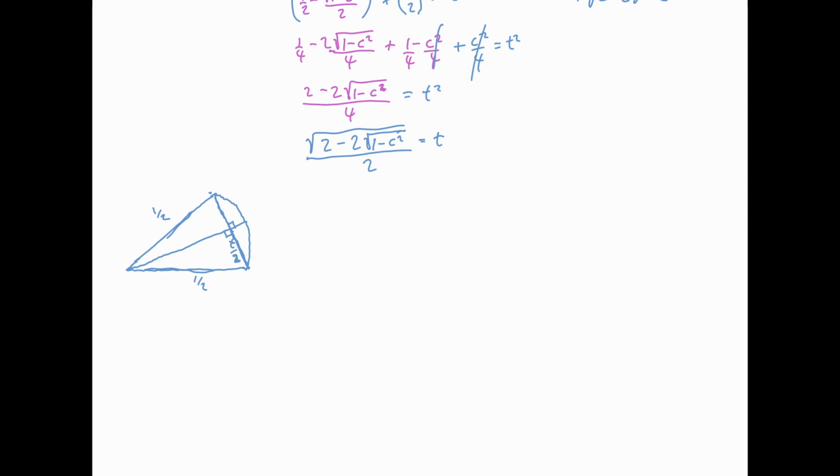And so similarly, to find this length, just like in the previous case, let me call that x, we can take x squared plus t over 2 squared equal to 1/2 squared.